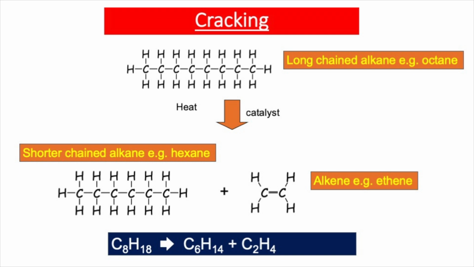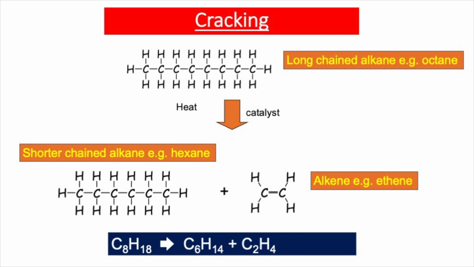Now, if you look at the overall equation here for this example, we have C8H18 breaking up into C6H14 and C2H4. Notice that on the left-hand side of the equation we have 8 carbons. So we must have 8 carbons on the right, because in any chemical equation the number of atoms of each substance on the reactant side, the left, and the product side, the right, must be the same.